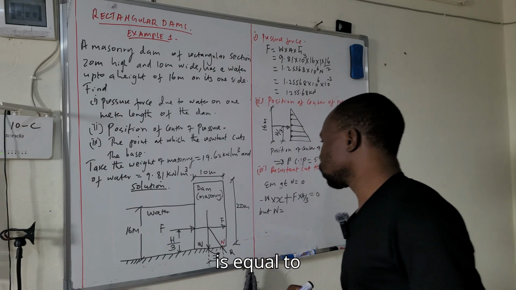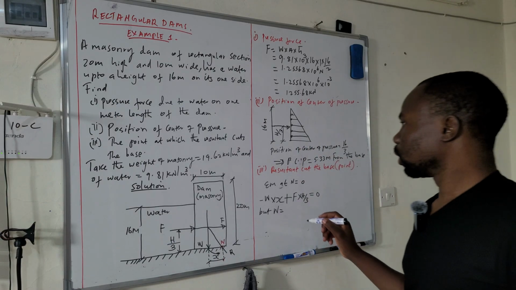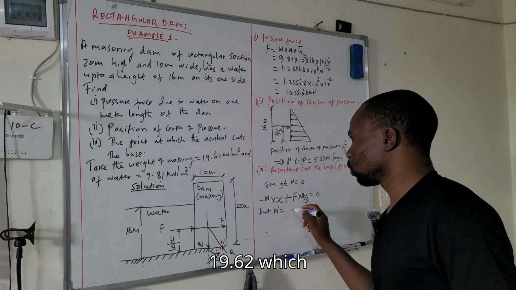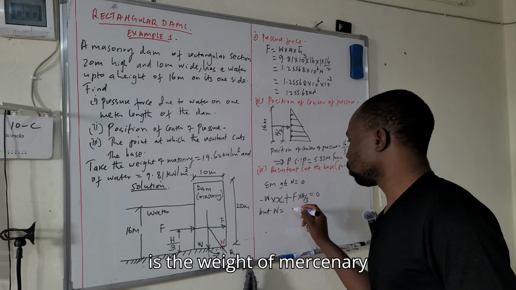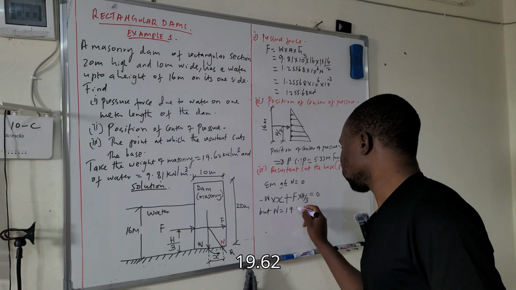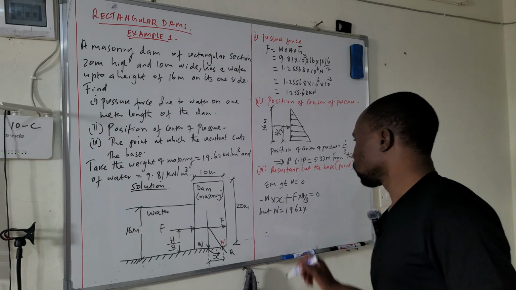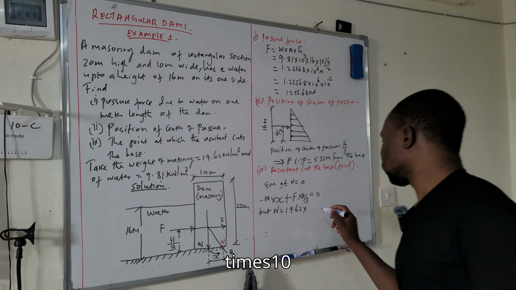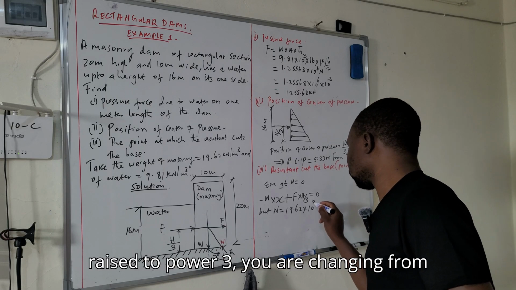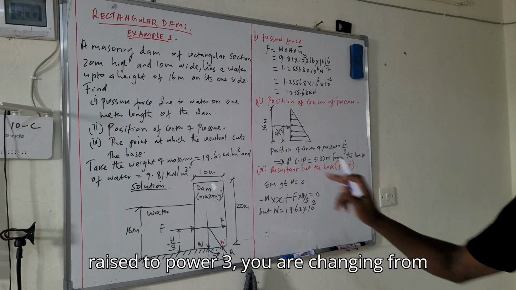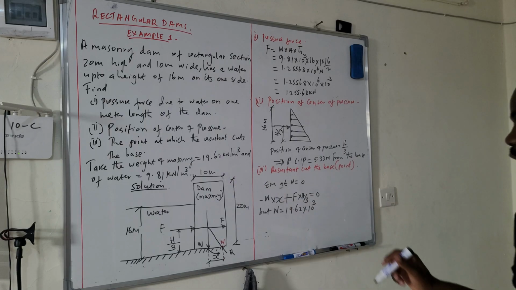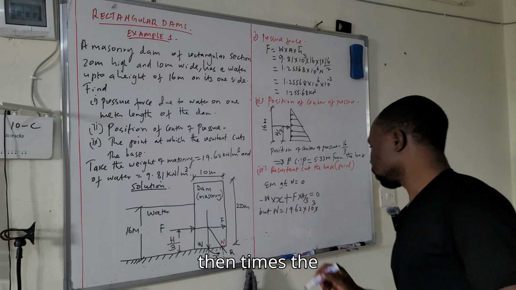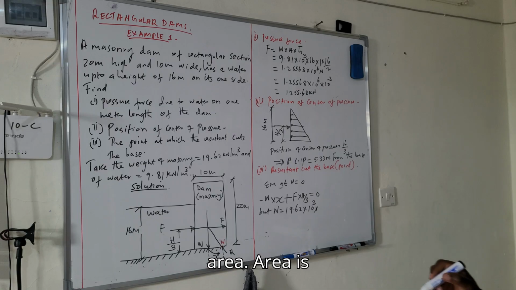W is equal to 19.62, which is the weight of masonry, times 10 raised power 3, as we are changing from kilonewton to newton, then times the area.